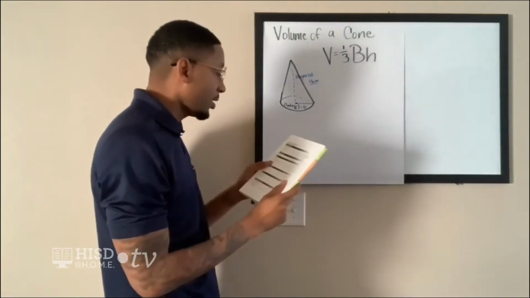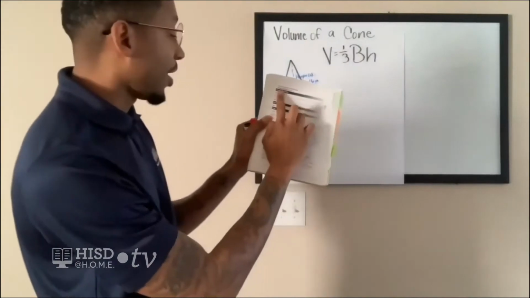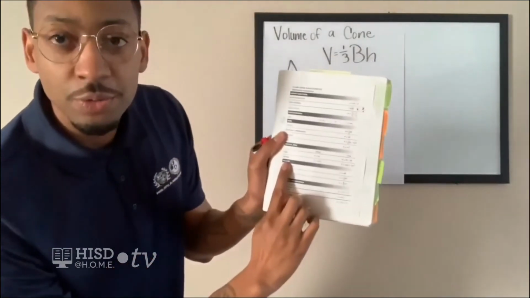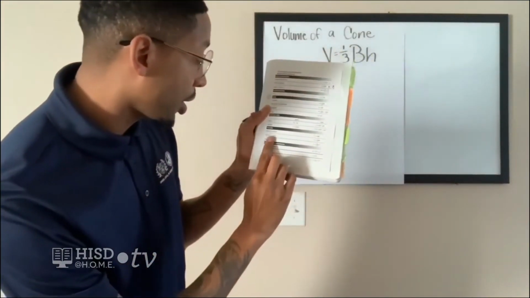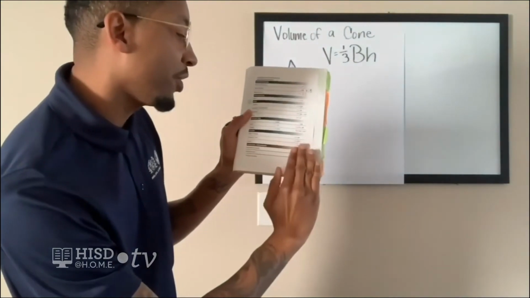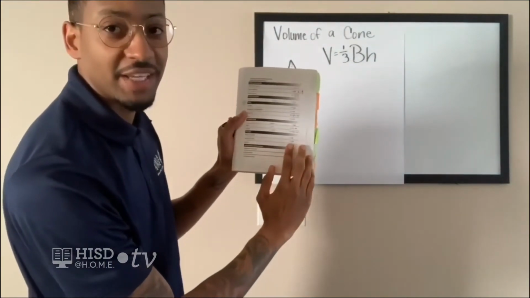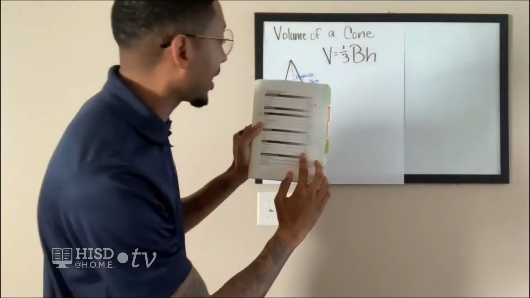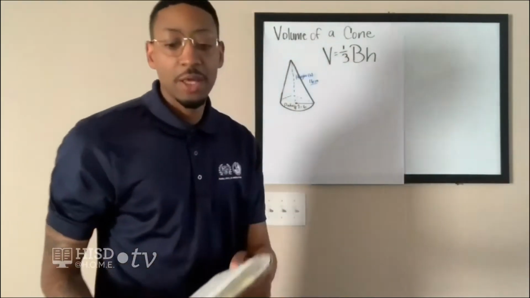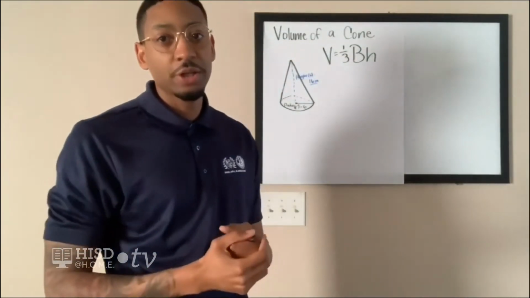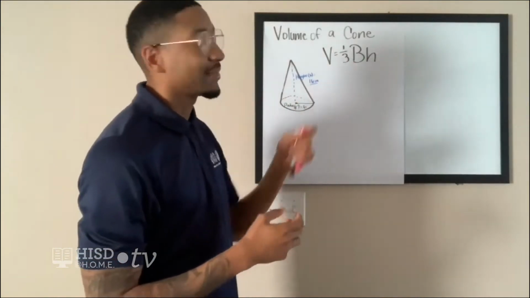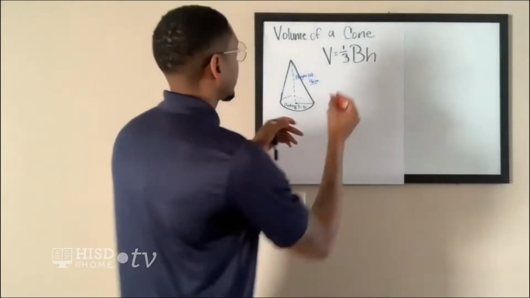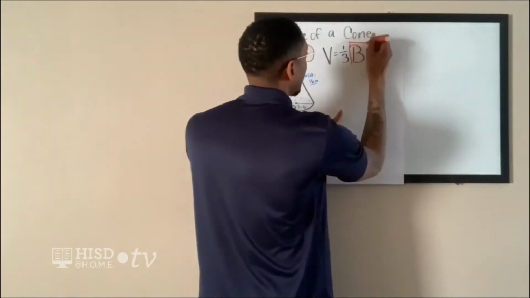So when I go down to volume, the word volume, then I go down to cone. When I go over, I see V equals 1/3 BH. That's where I got this from. There's something that I told you guys earlier, and what was that? That capital B. I'm gonna box it.